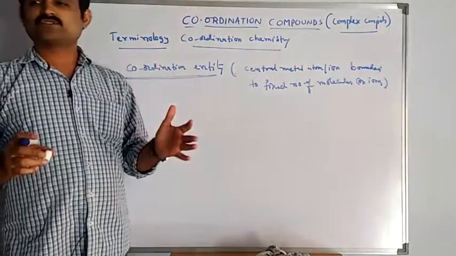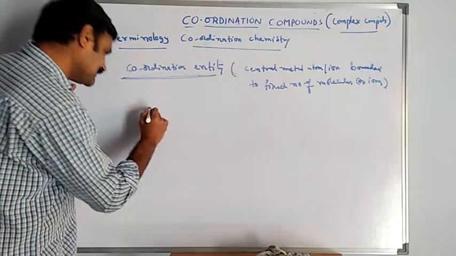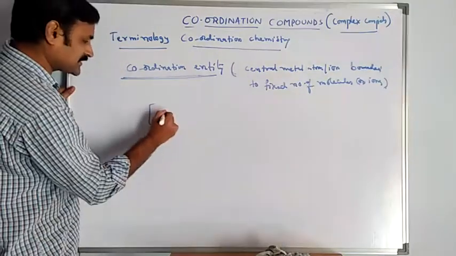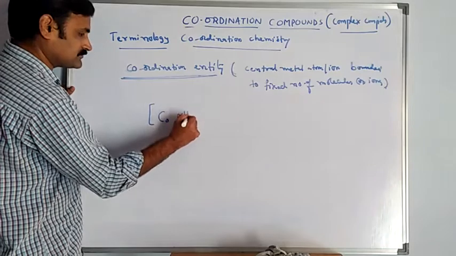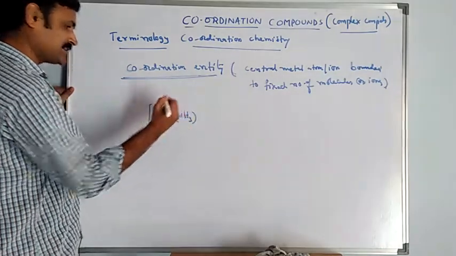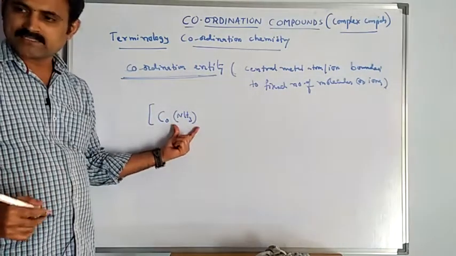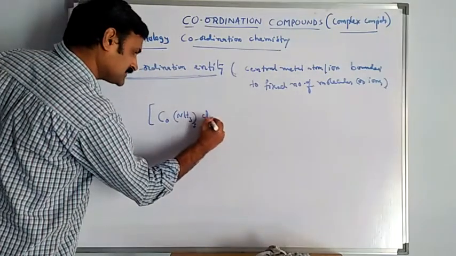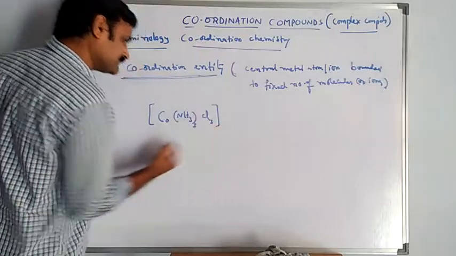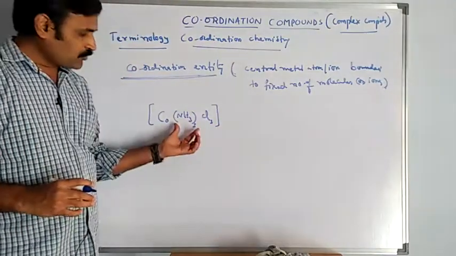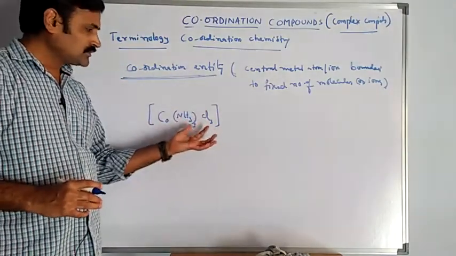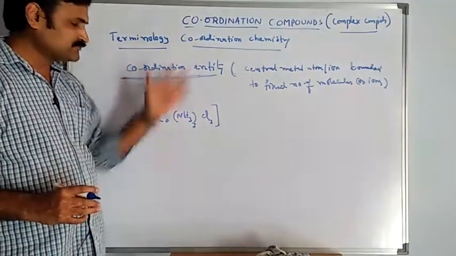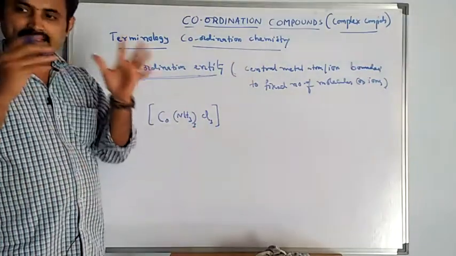Like if I write an example like Co, NH3, so ammonia is there. If I am taking 3 ammonia and 3 chlorine, then ammonia is a molecule and Cl is an ion in this coordination entity.